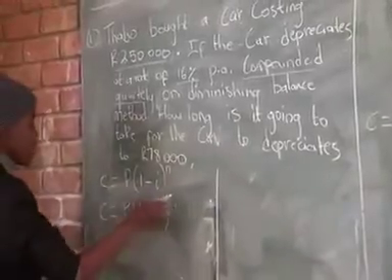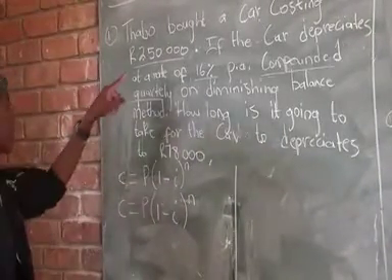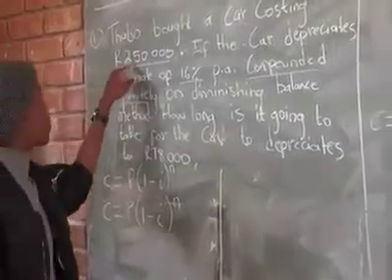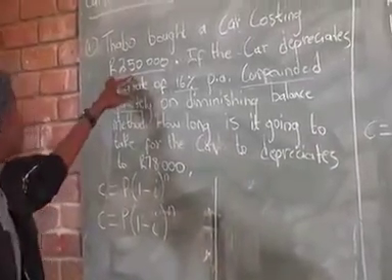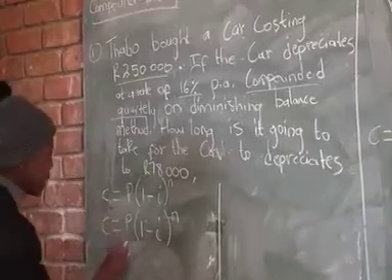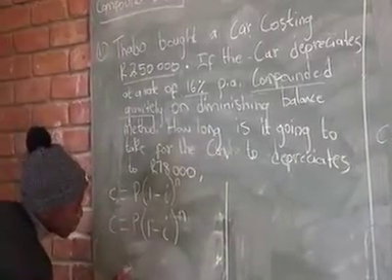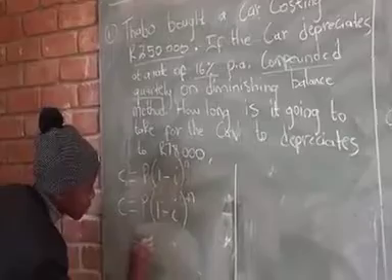So, since they mentioned that we should use the diminishing balance, we're going to take this formula and use it. I'm just going to quickly plug in these values. The cost of this car, 250,000, is the starting cost at the beginning, so our principal amount is 250,000.